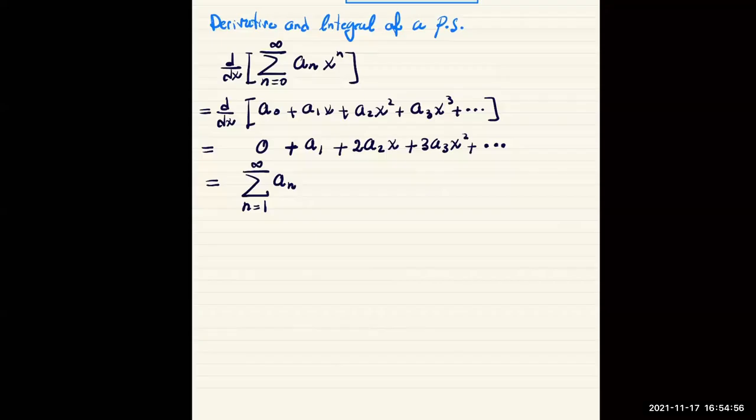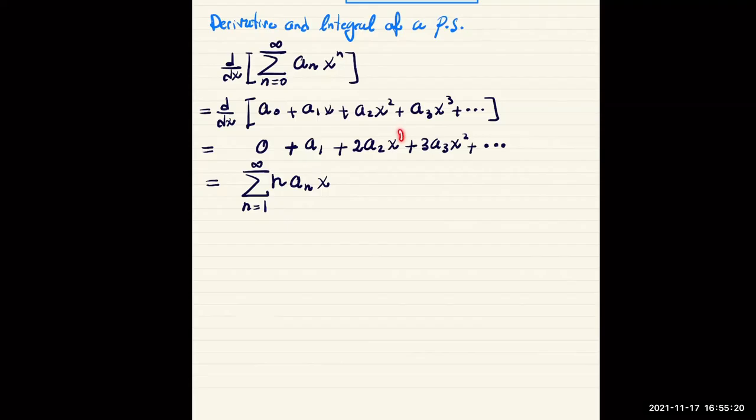Now notice that the power went in front. The power was n, and those powers are now in front. So we have n times a sub n times x to the power of, those powers diminished by 1.